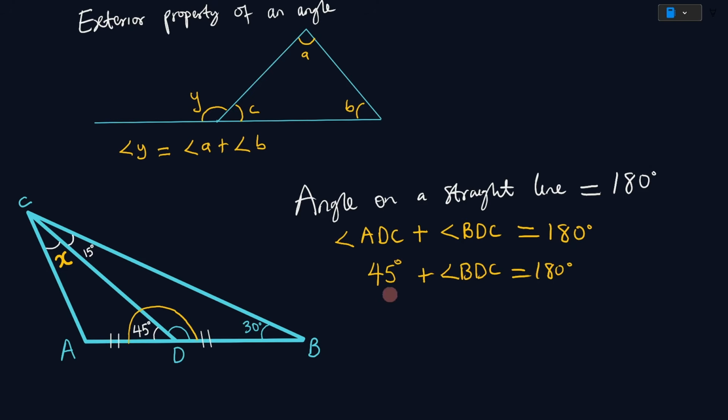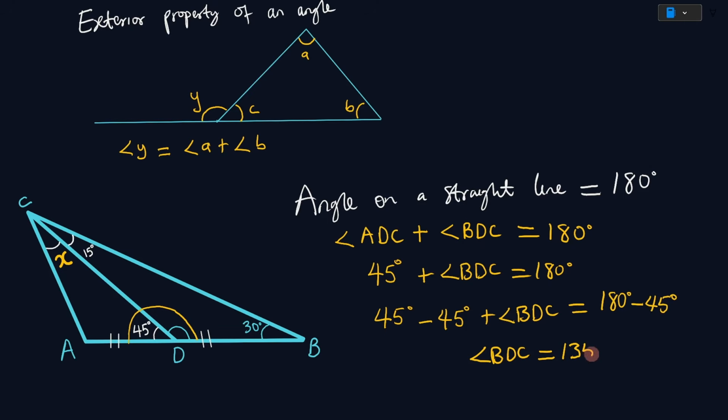If we subtract 45 degrees from both sides of this equation, 45 degrees minus 45 degrees plus angle BDC is equal to 180 degrees minus 45 degrees. These two cancel out because 45 minus 45 is 0. Therefore, angle BDC is 180 degrees minus 45, which gives us 135 degrees. This is the first method of finding this angle.